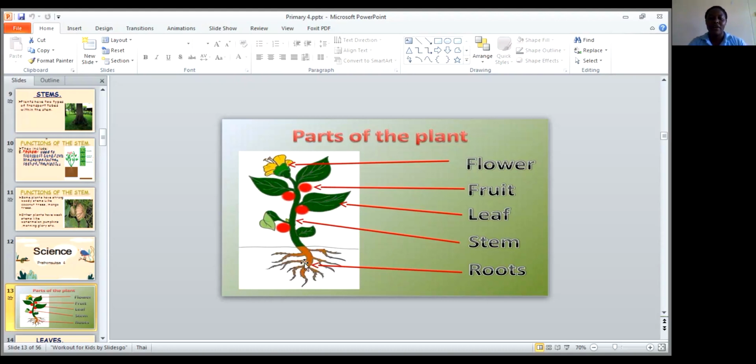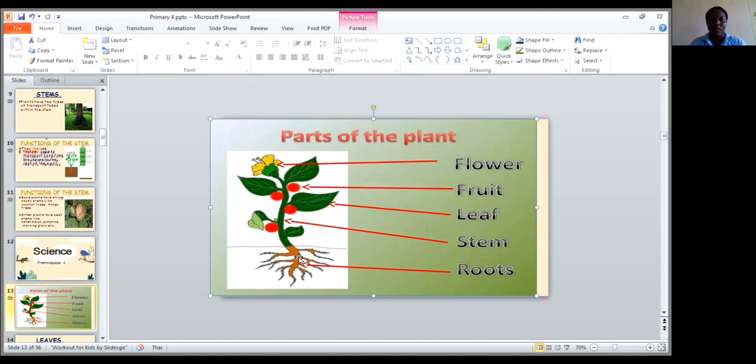It also helps plants to stand firmly in the soil. Those are the functions of the roots that we learned yesterday. And some plants can store food.